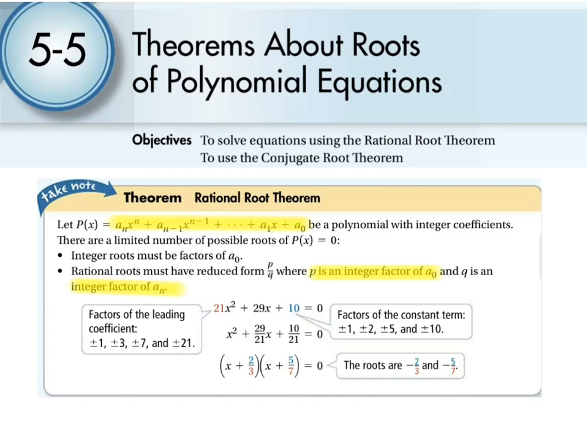You can see the example here. They have this 21 and the 10 here, and they're factoring each one completely. All the factors of 10 are plus and minus 1, 2, 5, and 10, because they could be positive or negative. The factors of 21 are 1 and 21 or 3 and 7, and then we can do the plus minus. Then they jump a little quick and find these are our two roots, which are in the form p over q.